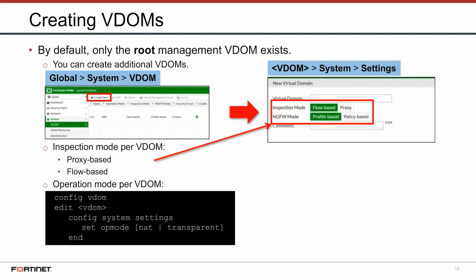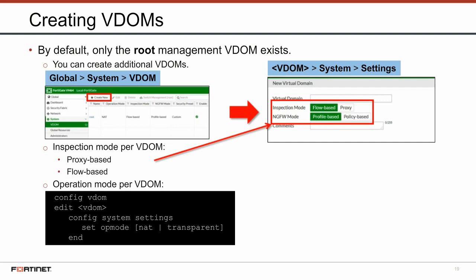The inspection mode, proxy-based or flow-based, is a per VDOM setting that defines how traffic is inspected. In a VDOM in proxy mode, FortiGate inspects the traffic acting as an implicit TCP proxy. The original client-to-server TCP session is actually split into two TCP sessions: one from the client to the FortiGate and another one from the FortiGate to the server.